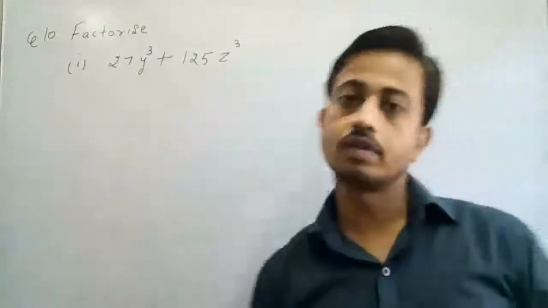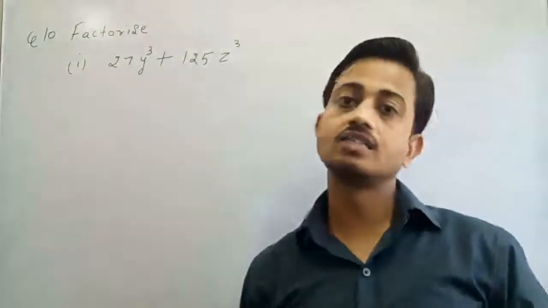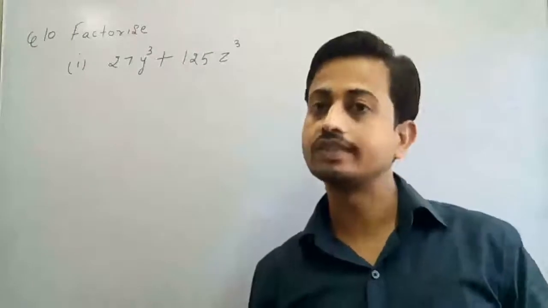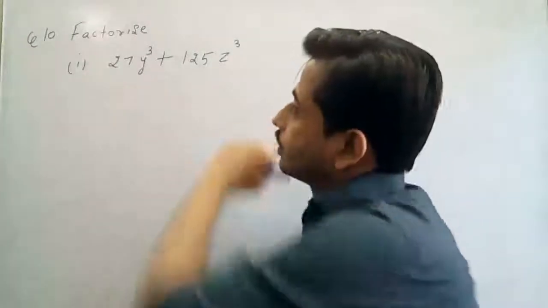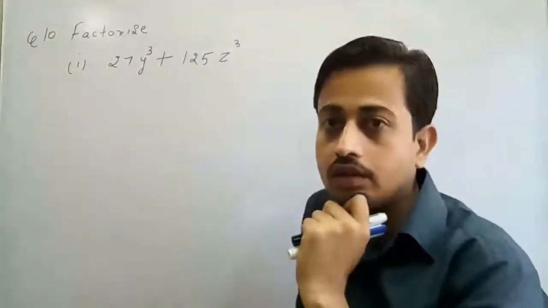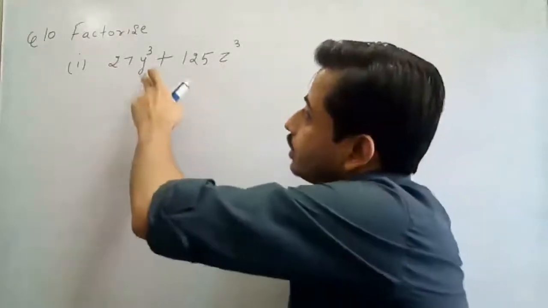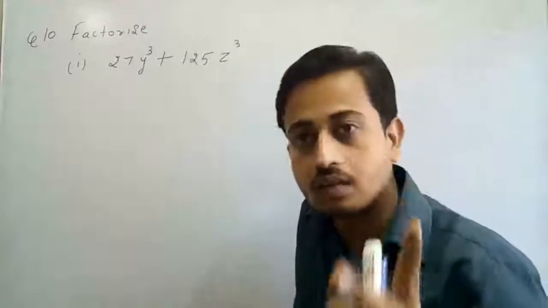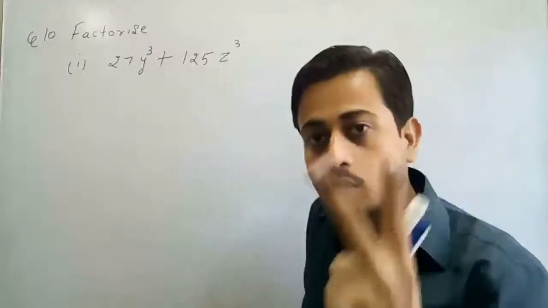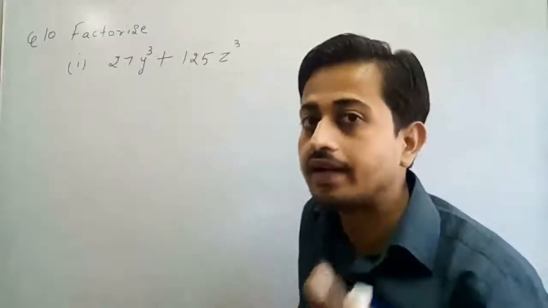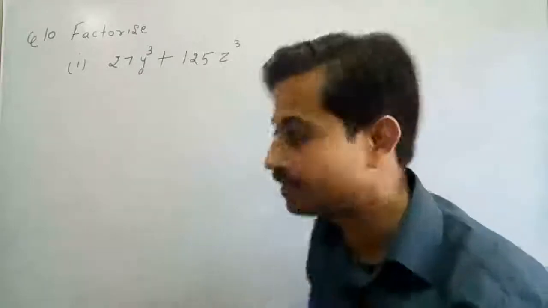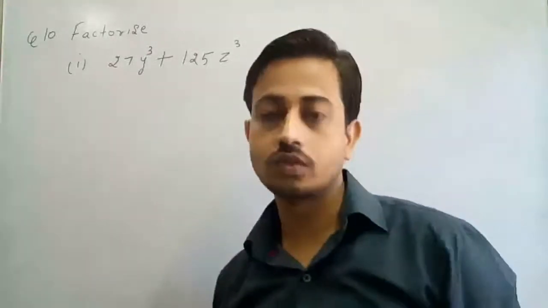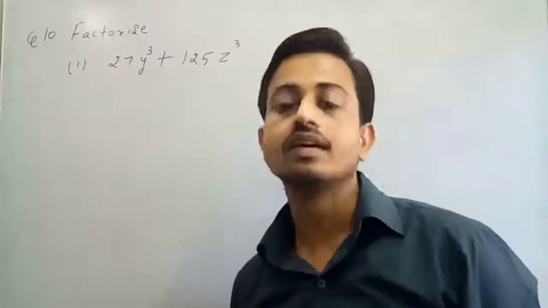Now look at question number 10. Factorize means we have to find out the left hand side. So look at the terms. Please make a note. In this we get a whole cube, but only two terms. If you get terms in cube and there are only two terms, definitely apply identity number 9 or 10. Here the sign is positive, so it applies identity number 9.